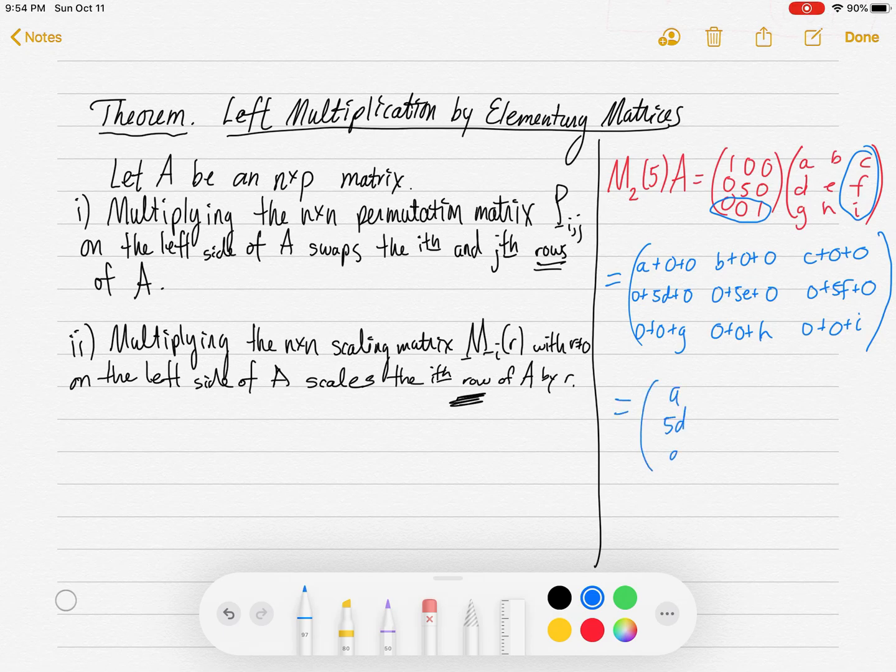And let's dot product the third row now with the third column: 0 plus 0 plus i. If you simplify this, down the first column you get a, 5d, g, down the second column b, 5e, h, and the third column you get c, 5f, i.